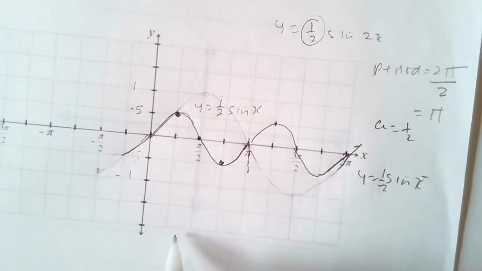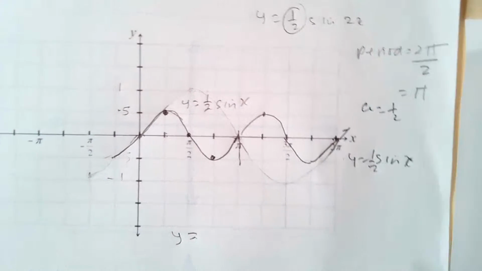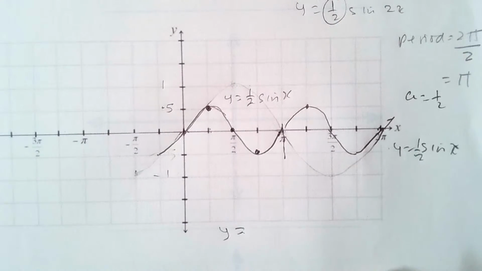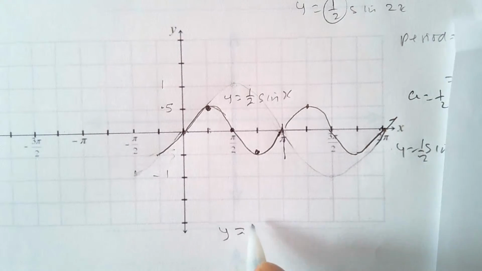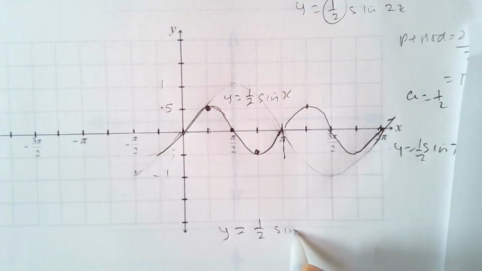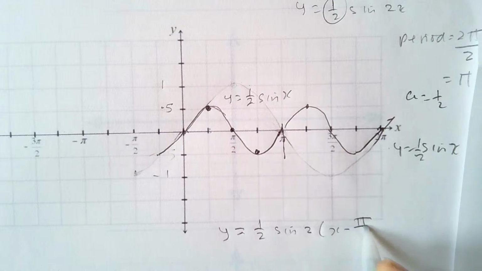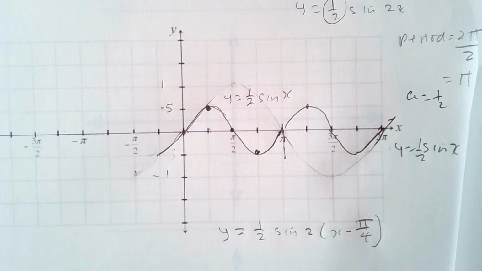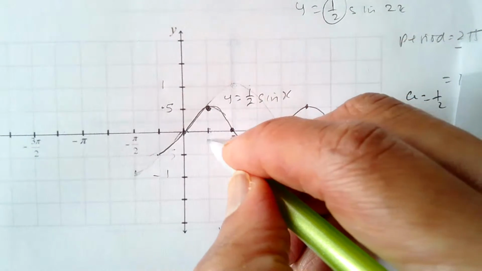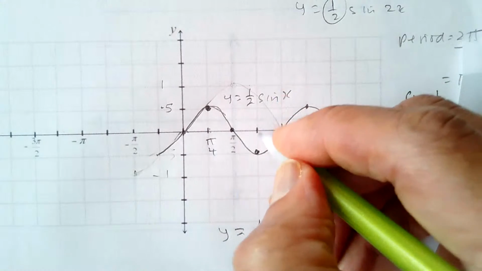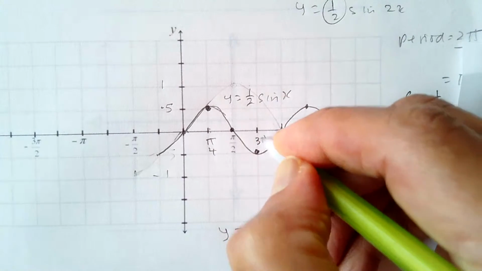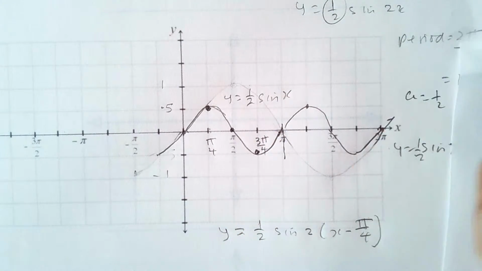So now I need an equation. Y is equal to half sine 2 into x minus pi over 4. So this is pi over 4 here. So we have 3/4 pi, etc.